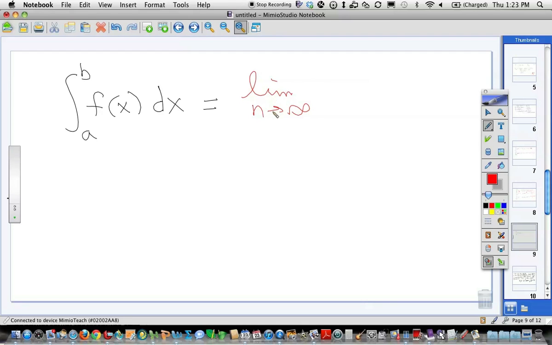Now, what we just said is that the definition of a definite integral is the area under the curve, which means adding up an infinite number of rectangles. So, limit as n goes to infinity, sigma, and now what we want in here is rectangle areas. And rectangle areas mean length times width, height times width, height times width.